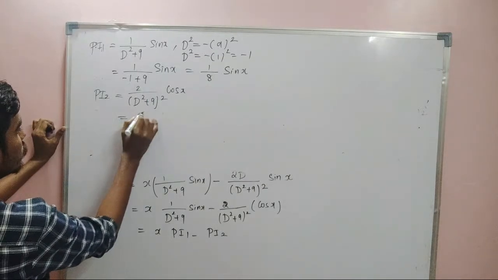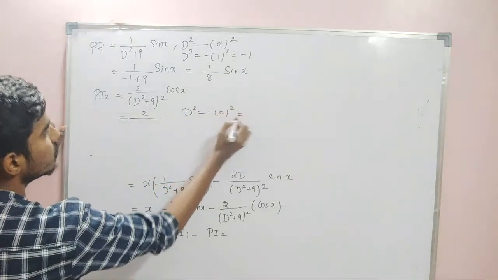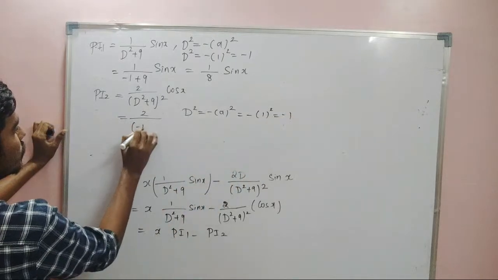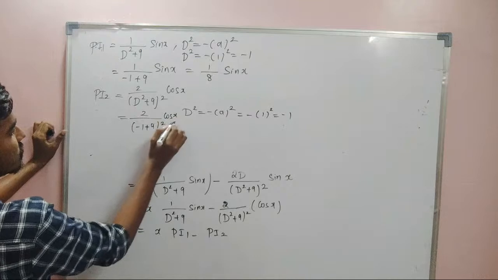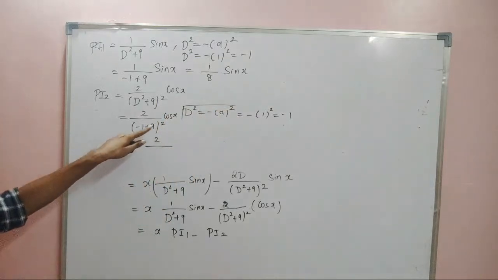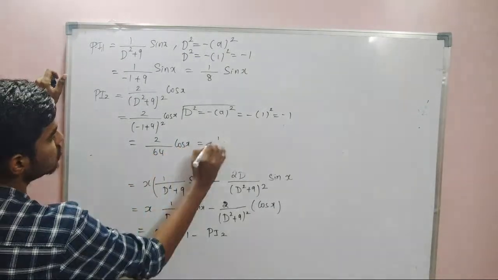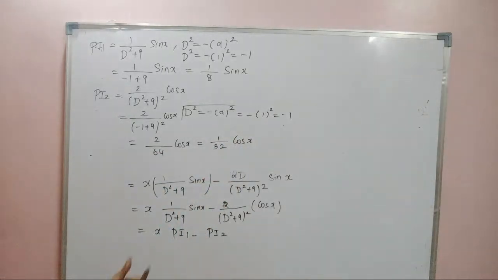So this turns out to be 2 by, D square is equal to minus a square, so minus 1 square, which is minus 1. So it will be minus 1 plus 9 whole square into cos x. So this will be 2 by 8 square, and 8 square is 64, cos x. This will be 1 by 32 cos x. So you can see we have found PI1 and we have found PI2.